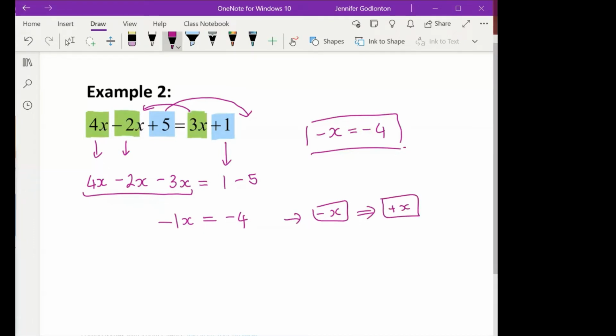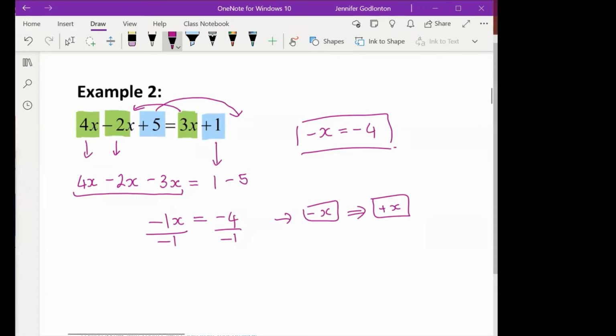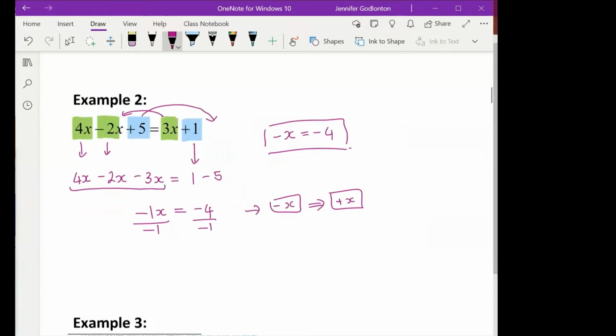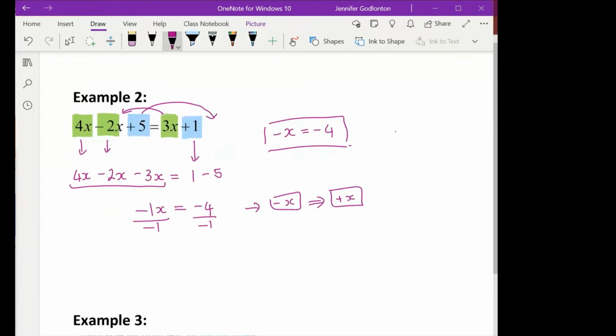Okay, so when we get to this point here, all we do is we divide by that coefficient of negative 1. Remember, we did some of these last year. Let me just put a little reminder here. Like if I had 2x is equal to 8 and I want to find out what x is, we divide by the coefficient so that that goes away, so that x is then equal to 4.